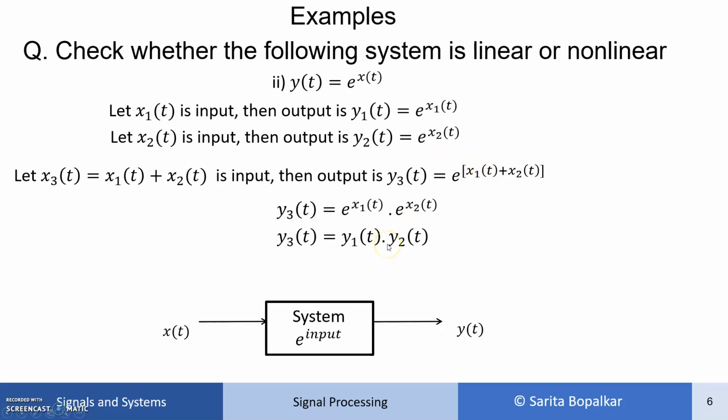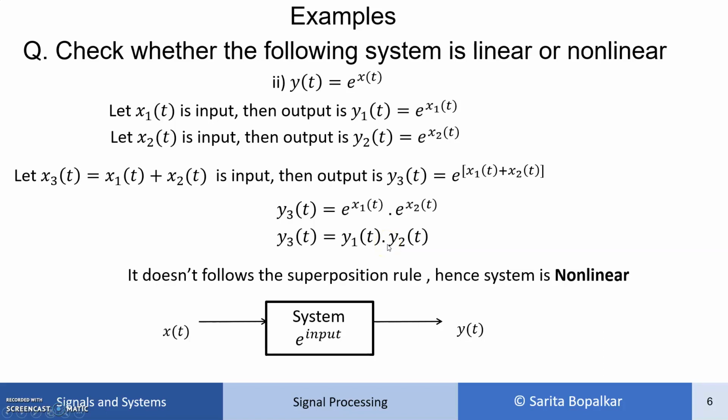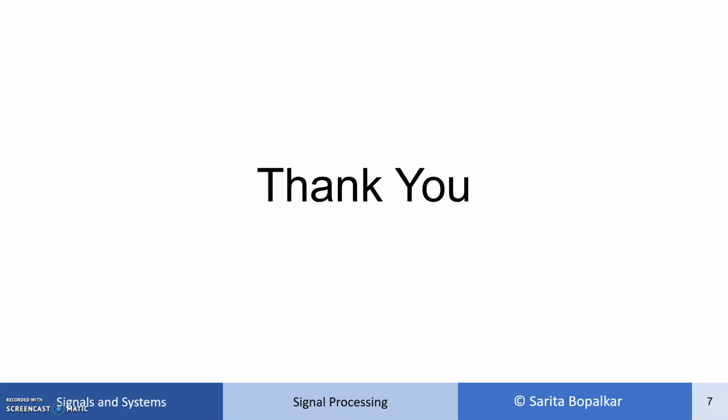Here we are getting multiplication, not addition. That's why the given system doesn't follow the superposition rule, hence the system is non-linear. So this is the way to check whether a system is linear or not. You have to check whether the system satisfies the superposition principle or not. If it does, it is linear, otherwise non-linear. Thank you.